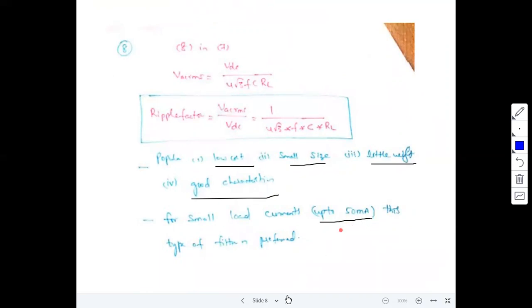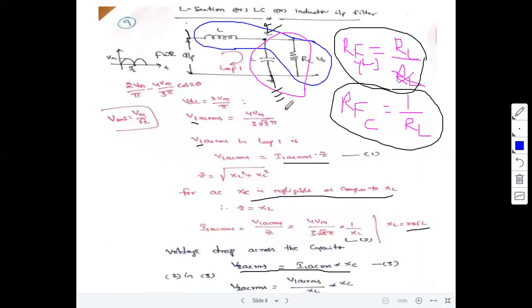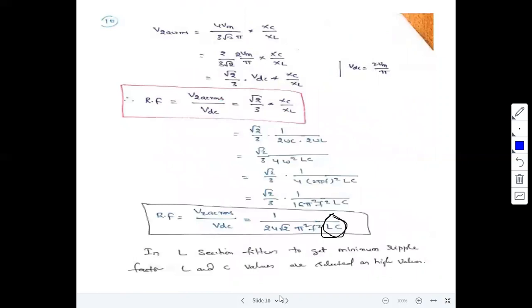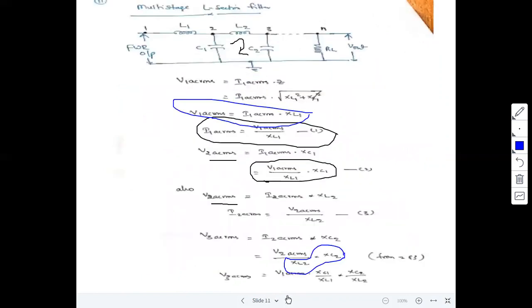This is preferable. Coming to the L section filter or LC filter, its performance is a combination of the inductor filter and the capacitor filter. Here the values mainly depend upon L and C. If the LC value is large, the ripple factor is small.